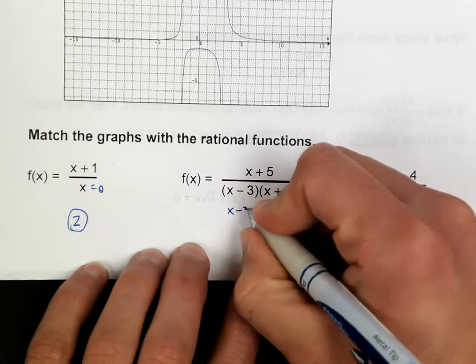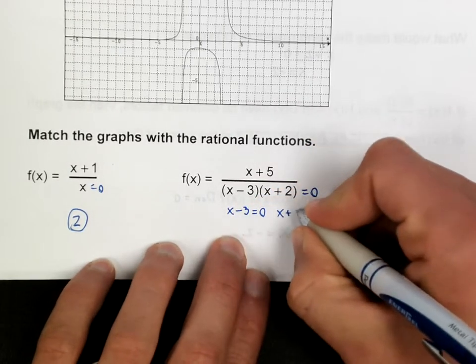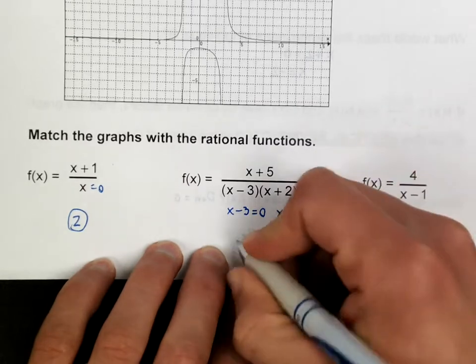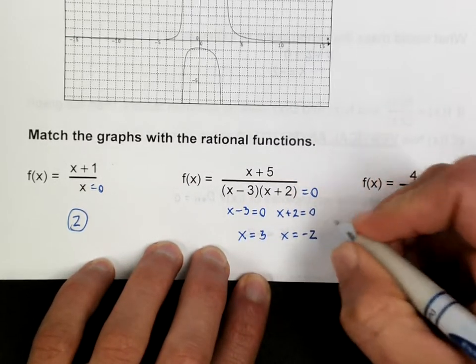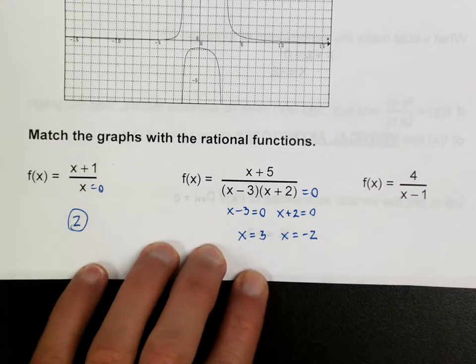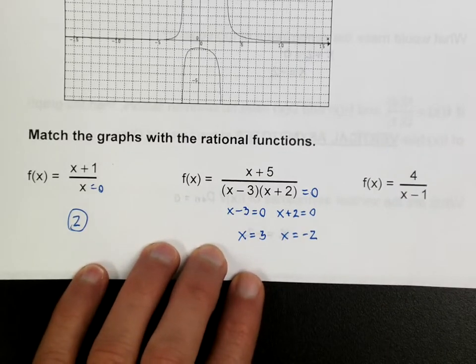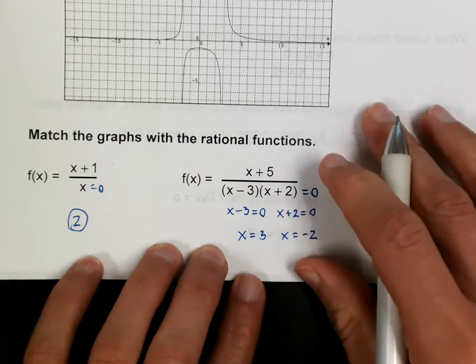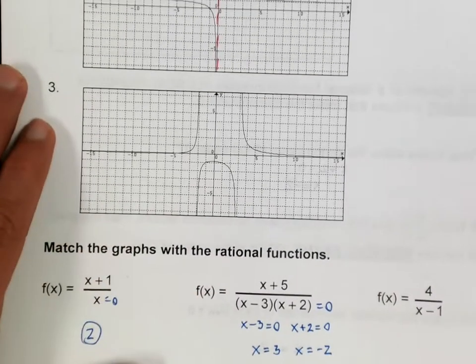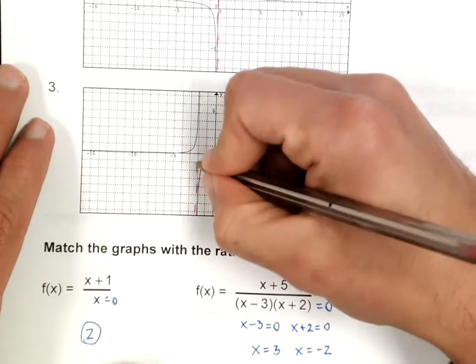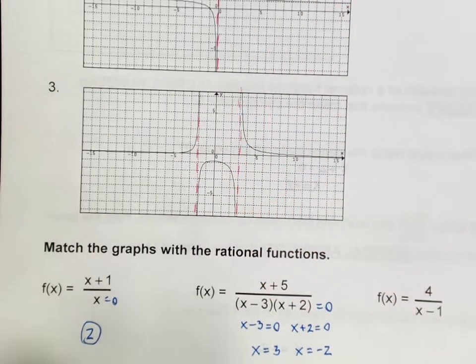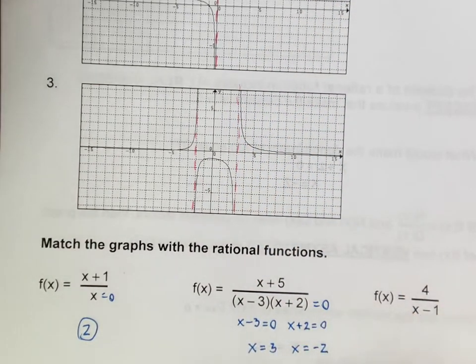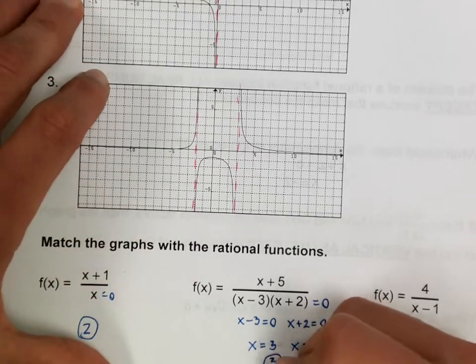So if I set each factor equal to 0 and solve, then I can figure out what my vertical asymptotes are. In this case, I have two vertical asymptotes, one at -3, one at +2. So this one's actually graph 3.